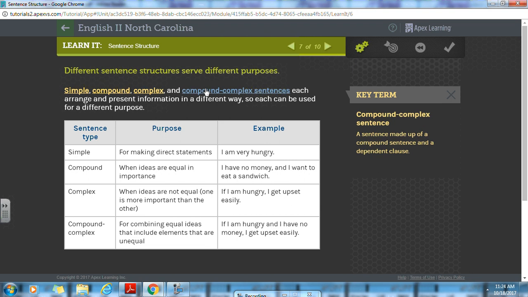And the last sentence type, compound complex, is when you combine equal ideas that also include elements that are unequal. For example, if I am hungry and I have no money, comma, I get upset easily.